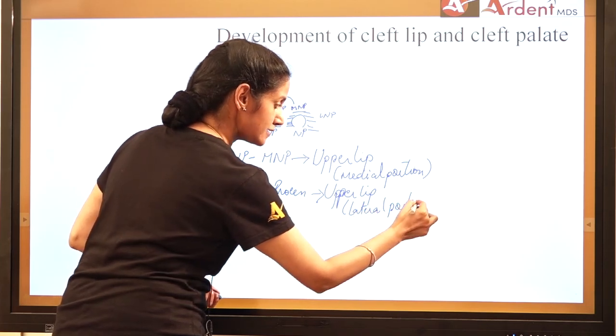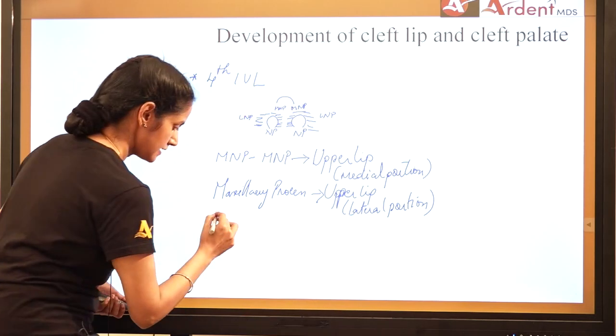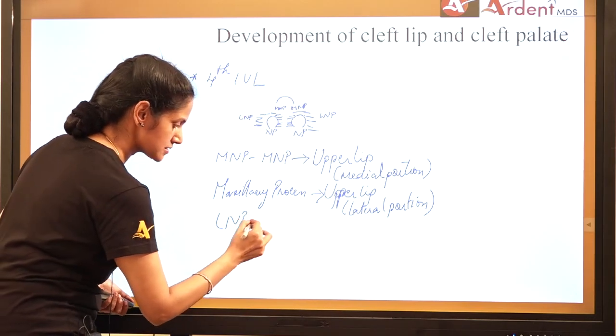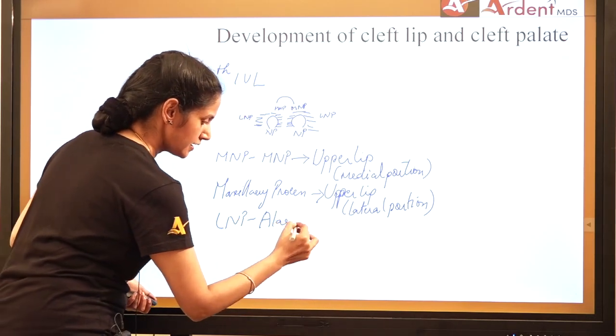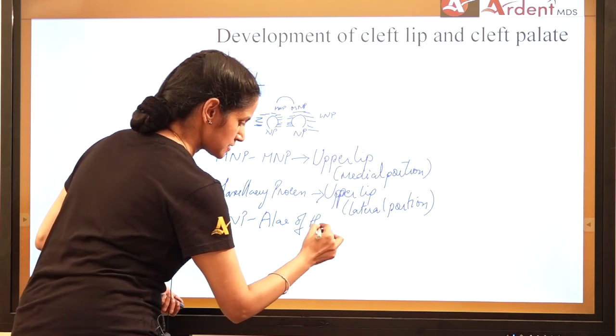Then what is the lateral nasal process involved in? The lateral nasal process is involved in the formation of the ala of the nose.